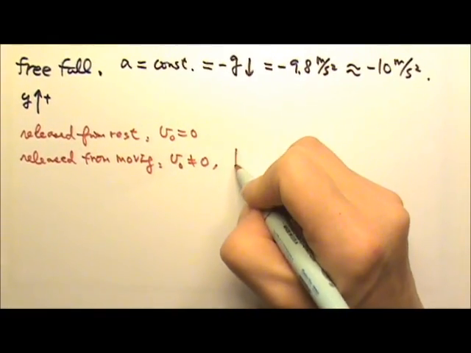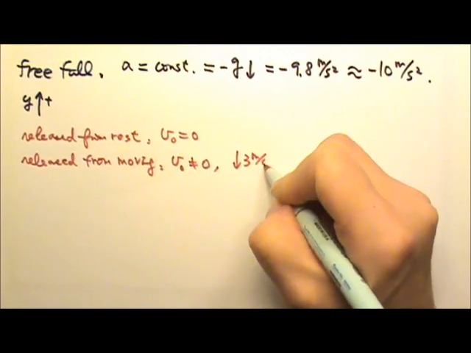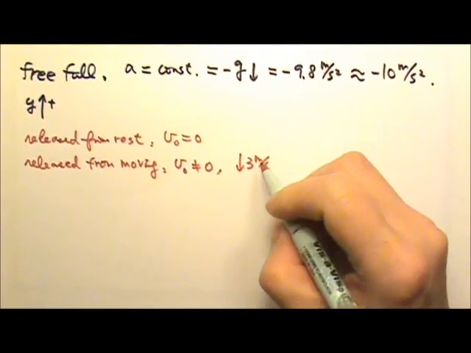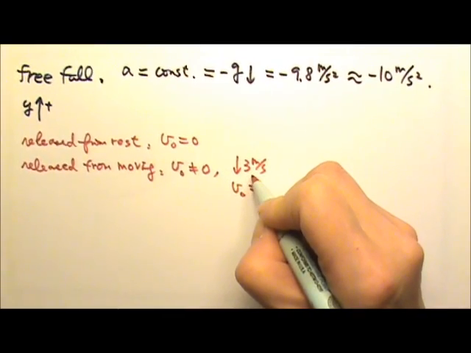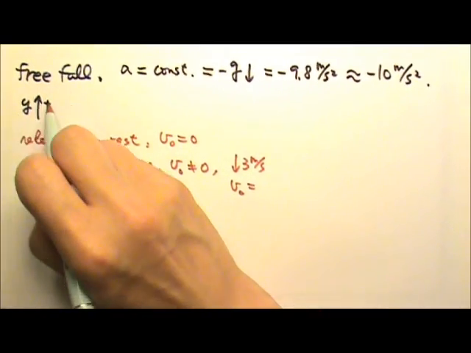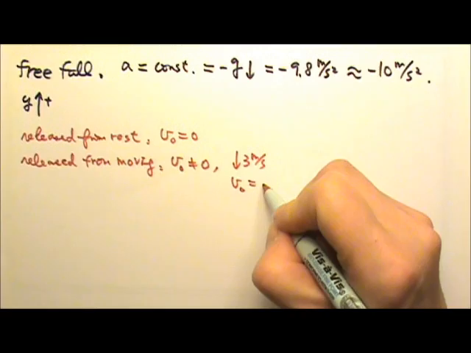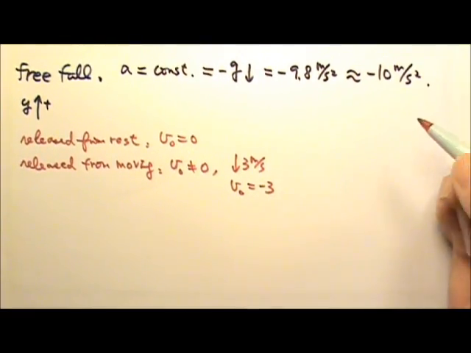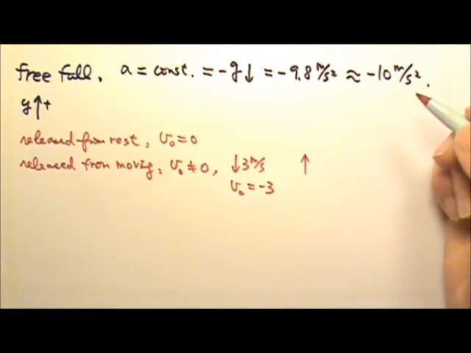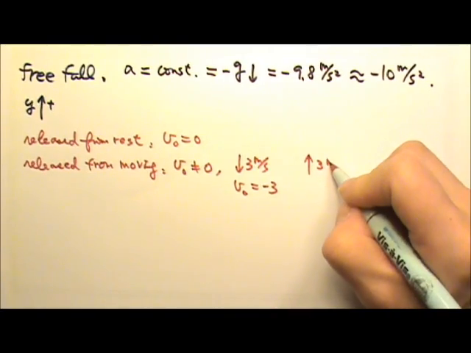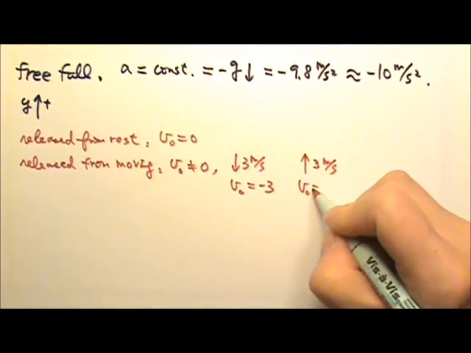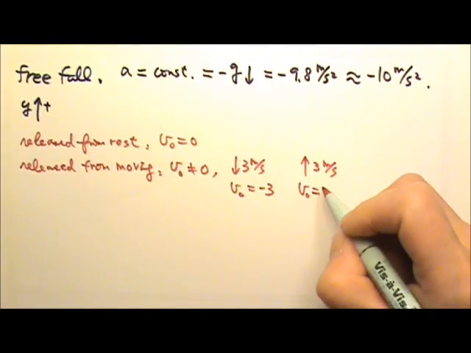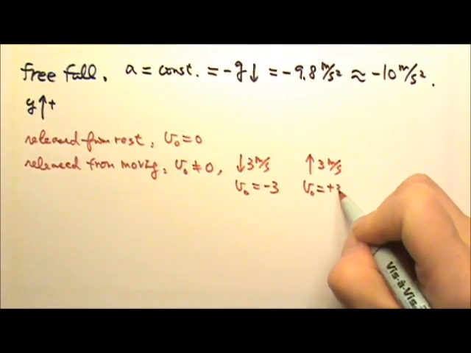If the helicopter is moving downward at 3 meters per second when the object is released, then the initial velocity would be that downward 3 meters per second. If I use upwards positive, then this will be -3 for the initial velocity. If the helicopter is moving at upward 3 meters per second at the time of the release, then the initial velocity of the object would be upward 3, positive 3.